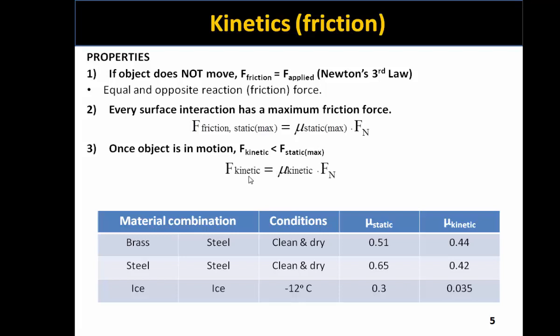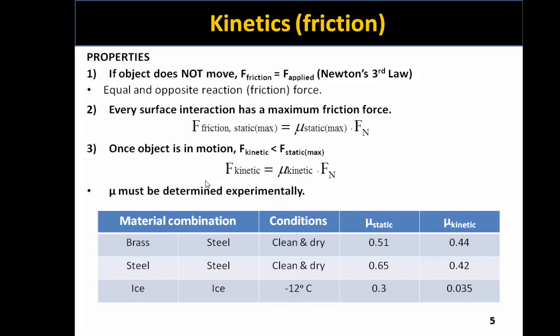And this equation is going to equal, once again, the normal force, so that's still going to be a factor here, but now we have a coefficient of kinetic friction, which is going to be less than the coefficient of maximum static friction in most cases. And because Fn is going to be the same, that's not going to change, but because the mu, the coefficient of friction, is going to change by nature of the molecular interactions between the two surfaces, the resistive force exerted by the surface is going to be different, and in most cases will decrease.